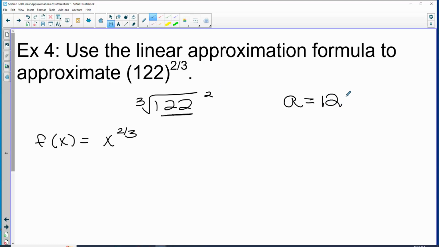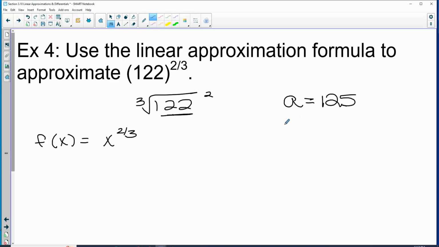Start with your cubes. 2 cubed is 8, 3 cubed 27, 4 cubed 64, 5 cubed 125, 6 cubed 216, and you can go from there.